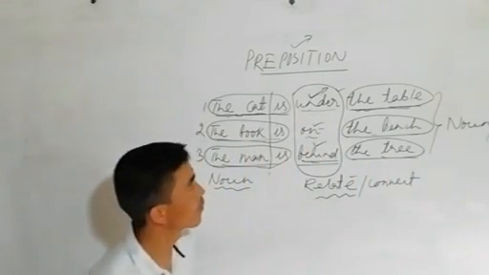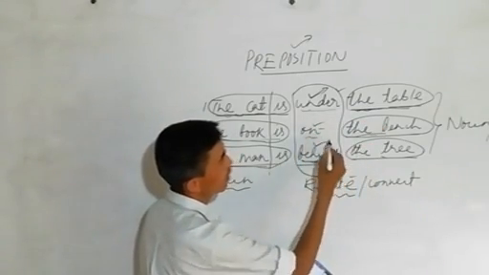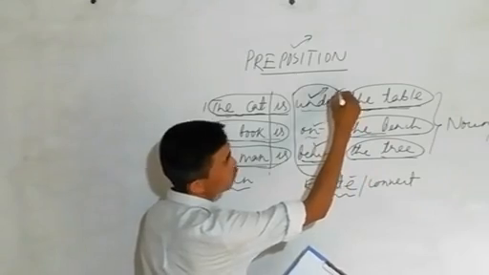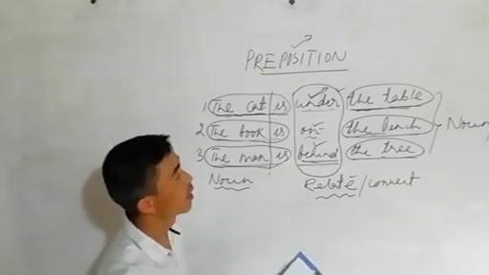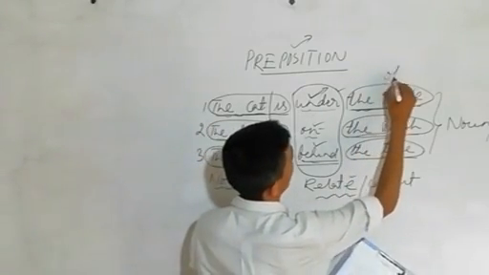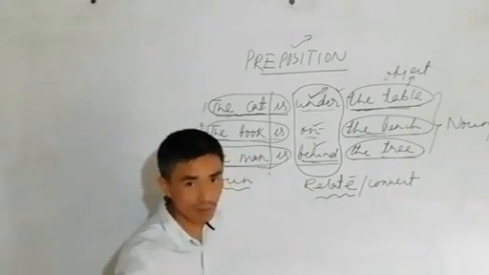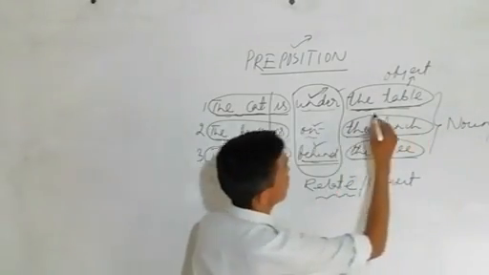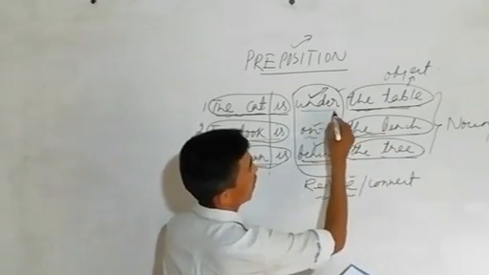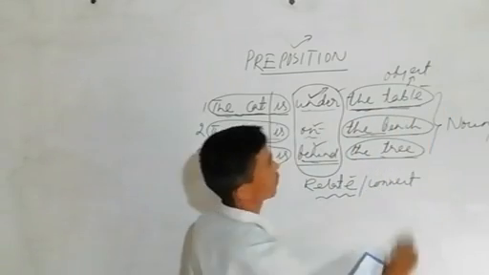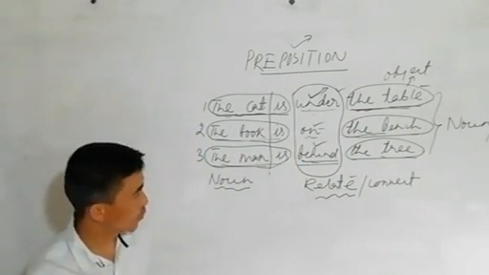The noun or the pronoun that comes after the preposition is called the object of the preposition. Under the table, the table is the object of the preposition. So this is all about preposition.